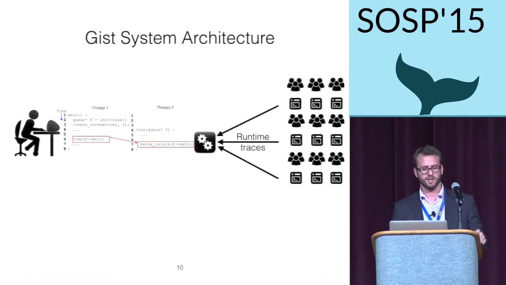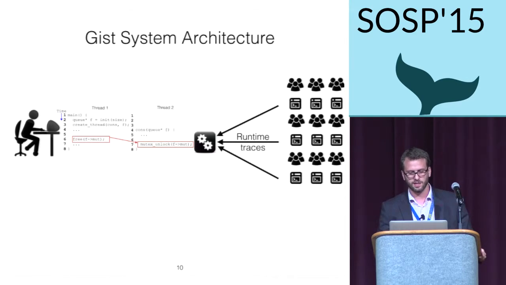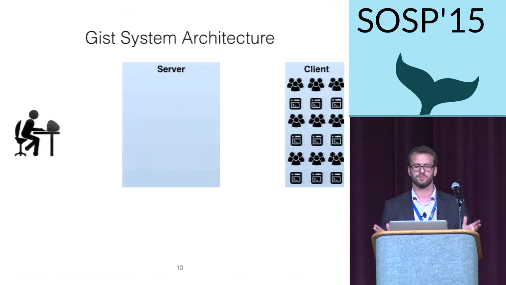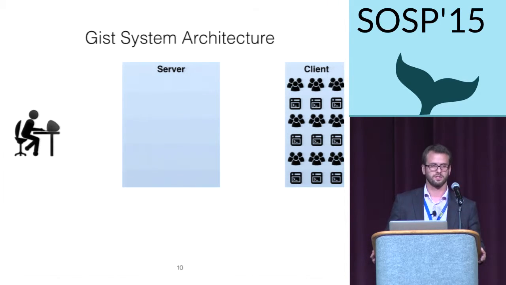So we envision addressing the challenges of building failure sketches in the context of the usage model that I described. And now I'll explain how our proposed solution and architecture fits into that usage model. Our failure sketching system, GIST, has a client-server architecture that uses hybrid static dynamic analysis. The server side does compute-intensive static analysis, and the client side does lightweight dynamic monitoring.